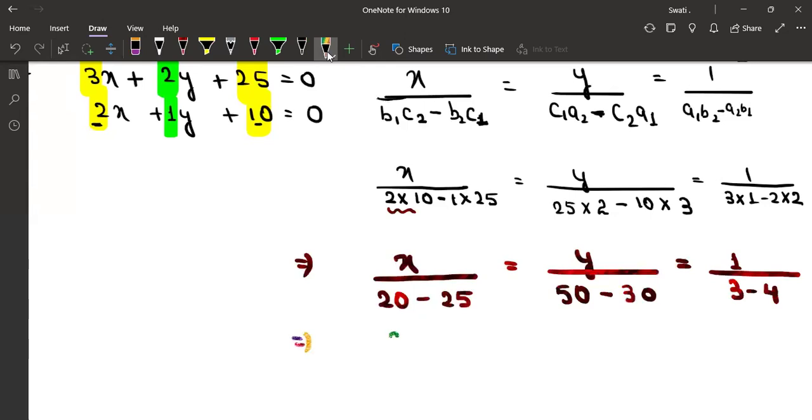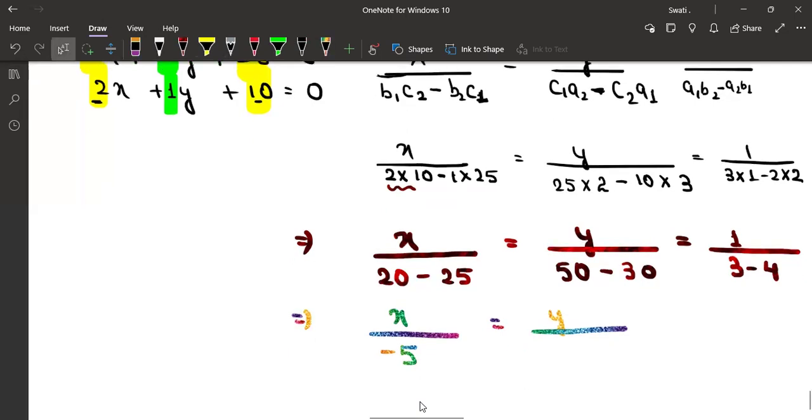X upon 20 minus 25. So will it be 5 or will it be minus 5? Minus 5. Manya, you have to be very careful with this so that in the board exams these mistakes do not happen, right, Manya? Yes. Okay, tell me.